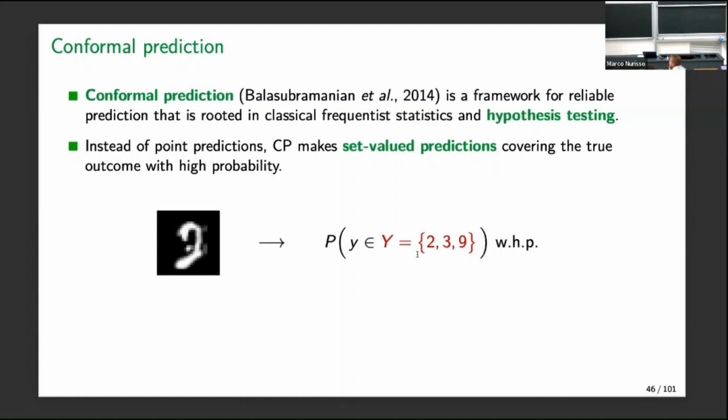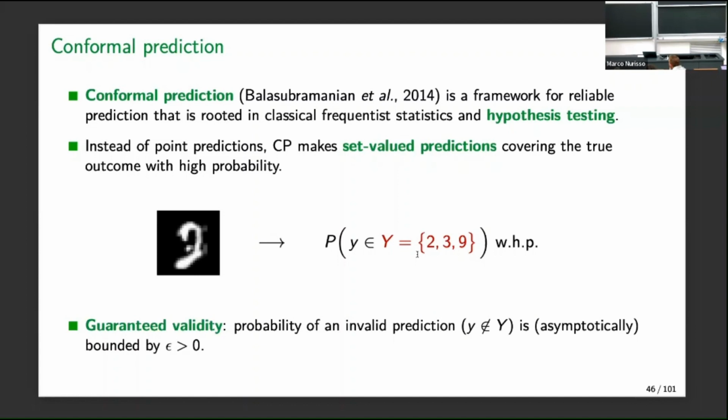Conformal prediction is going to give you some guarantees on the error you make. So if you say, I want an error of maximally epsilon percent, meaning in at most epsilon percent of the cases I don't have the correct label in my sets, then conformal prediction is a framework on how to construct those sets so that in at most epsilon percent of the cases your true label is not part of the set.